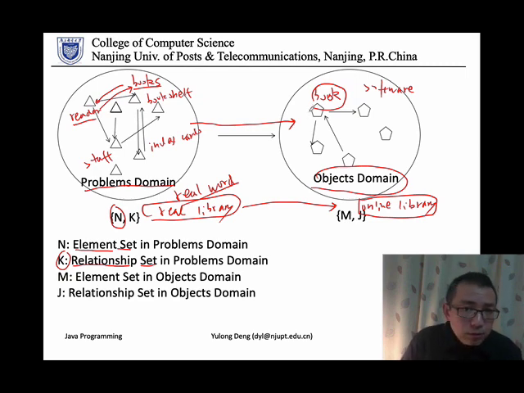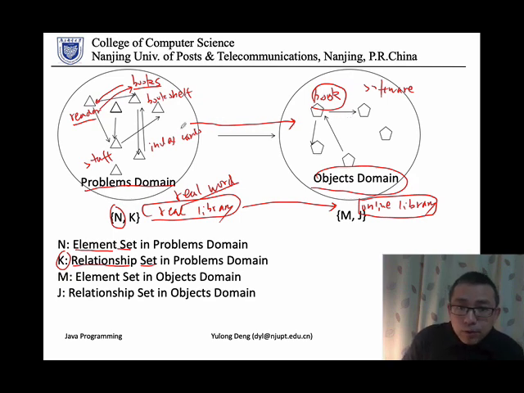That means we don't want some of these features, for example, the price. To a library, the price is not an important feature, but if we want to build an online bookstore, the price is an important feature.